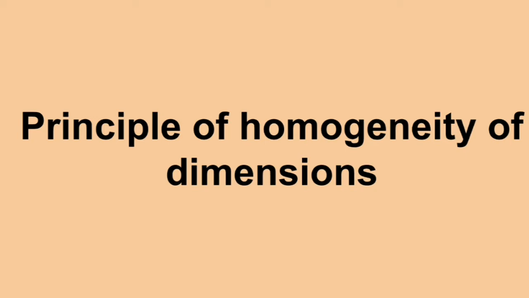Not only that, there are other uses also, like helping us to convert systems of units from one to another. Like that, there are many applications of dimensional analysis. And the main theory which helps us to do this is the principle of homogeneity of dimensions. Now let's discuss what the principle of homogeneity of dimensions is.